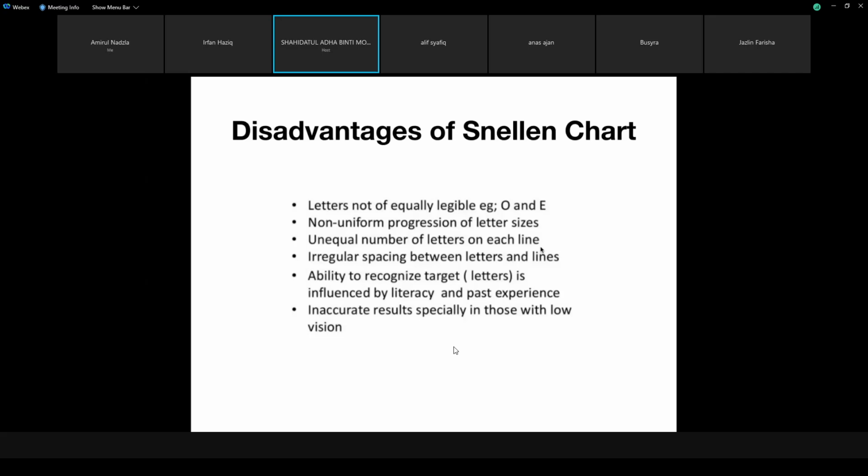The result is inaccurate, especially in those with low vision, such as patients with amblyopia or of pediatric age, because the letters become crowded as they increase, and they cannot differentiate each letter, so the result is a little bit inaccurate.